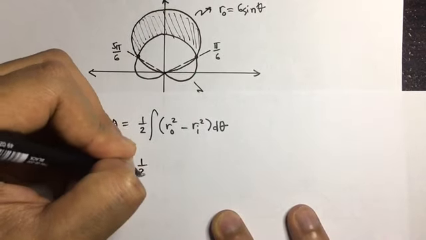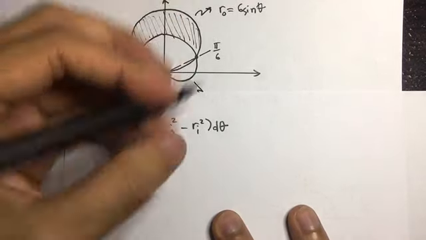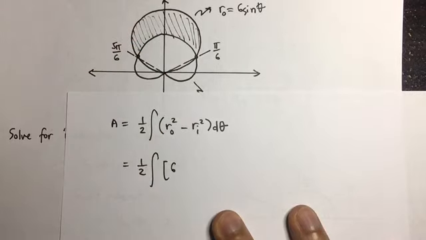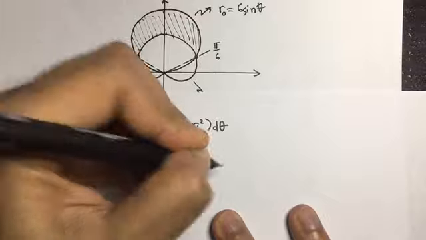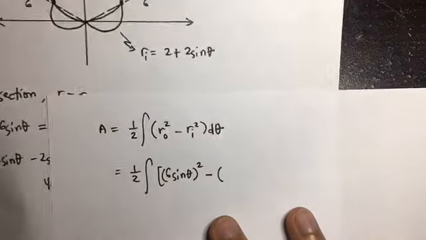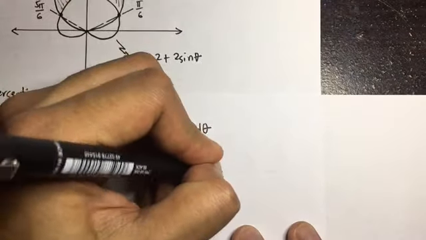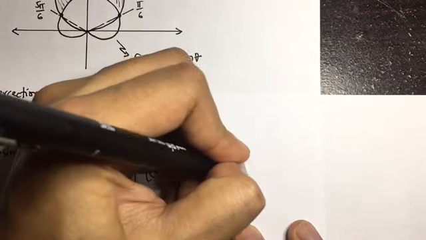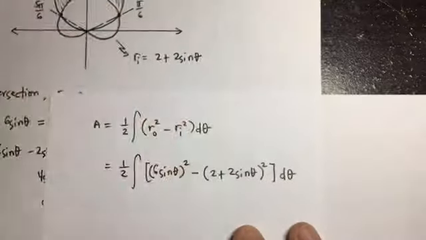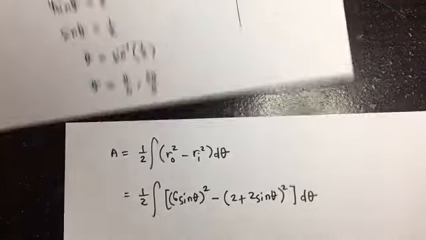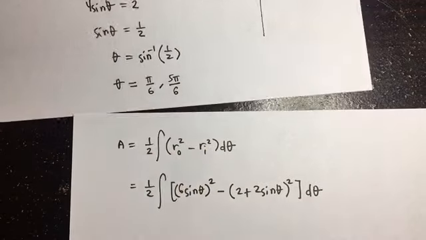So we have 1/2 integral of outside radius, that is 6 sine theta, squared, minus inside radius, 2 plus 2 sine theta, squared, d theta, with limits from pi over 6 to 5 pi over 6.